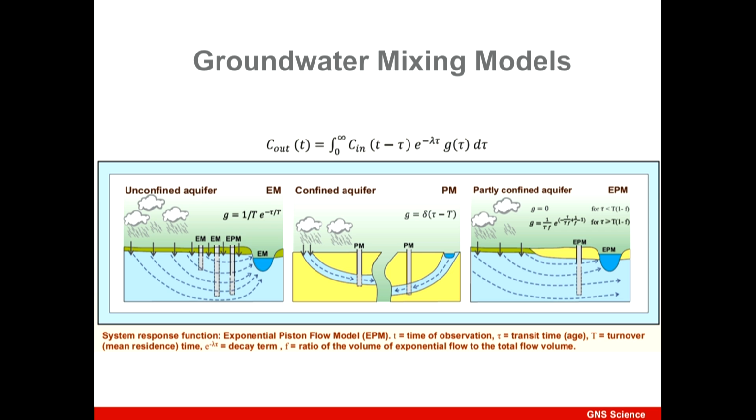I will talk a little bit about the groundwater models, and one of the problems which occurred here in the Hastings District Council water supply. So we need to apply one groundwater flow model. To give you a little bit of context, this would be a highly mixed model, and we call it an exponential model, where short flow paths and also long flow paths are all combined in the well.